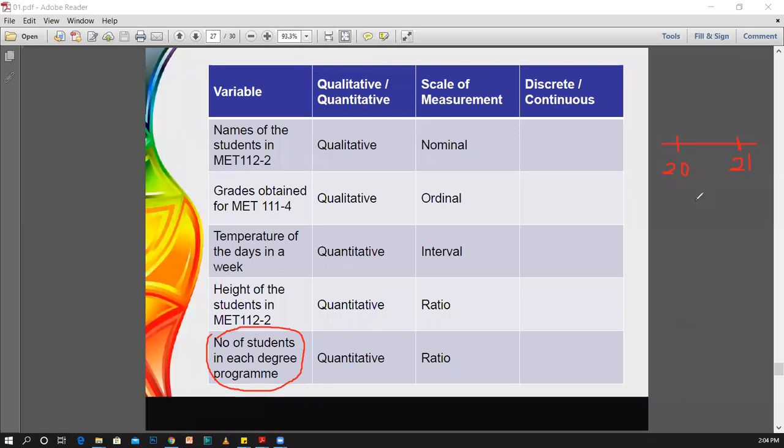Therefore, definitely this should be also discrete. According to the variable, you have to identify it. Therefore, summarizing the values that we have obtained, the first, second, and final ones are discrete variables, and the third and fourth ones are continuous variables.